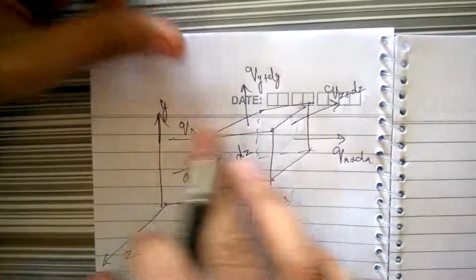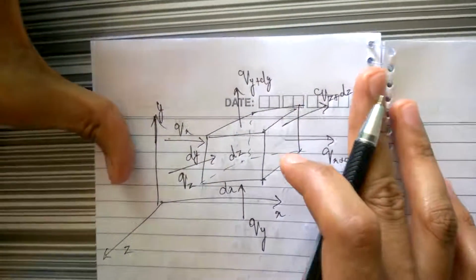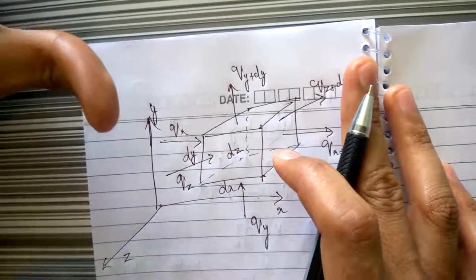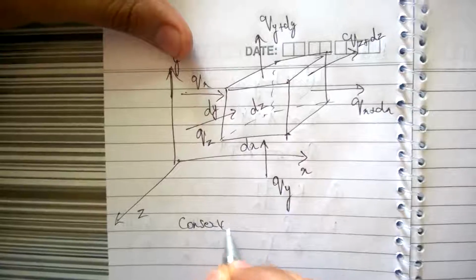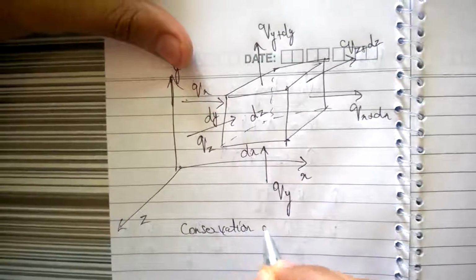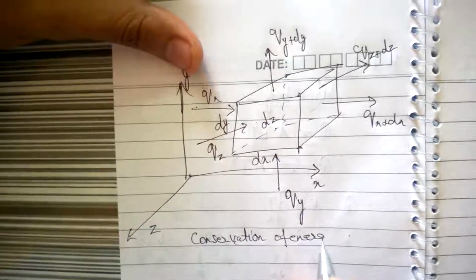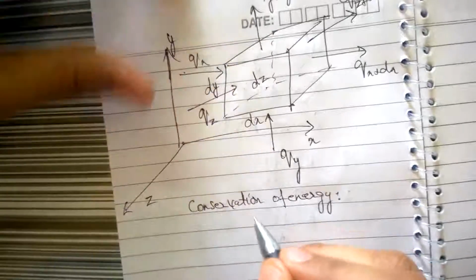Now since there's an energy interaction going on, the fundamental principle we will be using is conservation of energy. So this is what we'll be using. How are we going to conserve energy in this field?